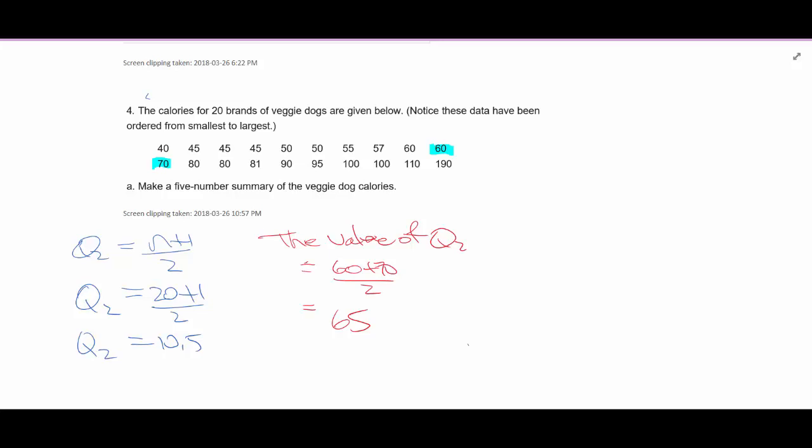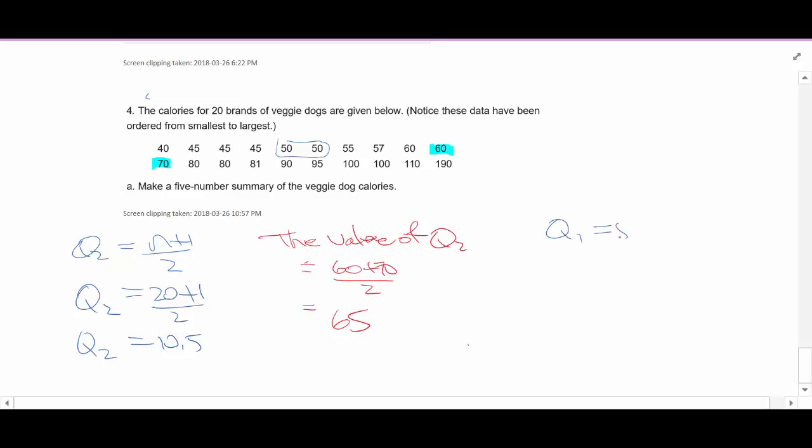In the bottom half of the data, the lower 50% of the data, there are 10 data values, and that means the location of Q1 is going to be between the 5th and 6th data value. So 1, 2, 3, 4, 5, 6. That's where Q1 will be. The average of 50 and 50 is just 50.